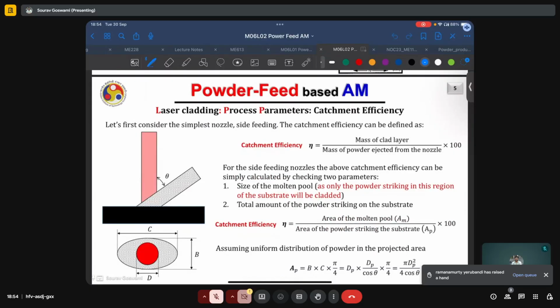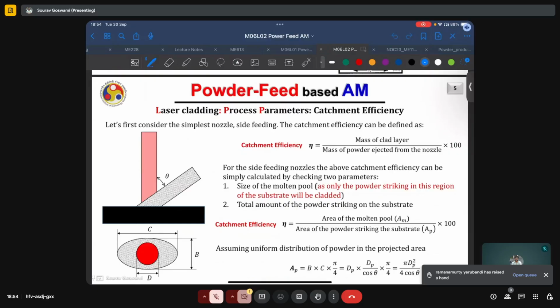And here we'll formally define the catchment efficiency. The catchment efficiency eta is the ratio of the mass of clad layer to the mass of powder ejected from the nozzle multiplied by 100.